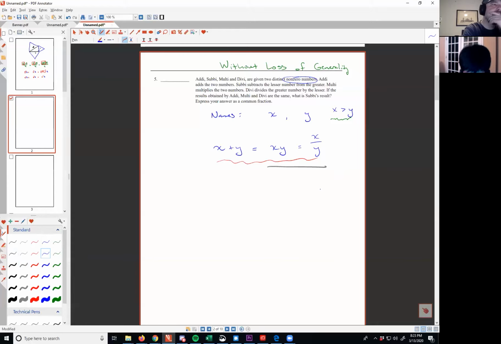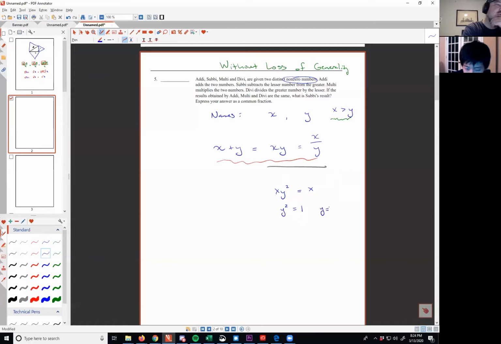Multiply both sides by y. Okay. If we multiply both sides by y, we get xy squared equals x. Divide both sides by x, which leaves us with y squared equals 1. Since x is non-zero, we can divide by x, and we have y squared is 1.